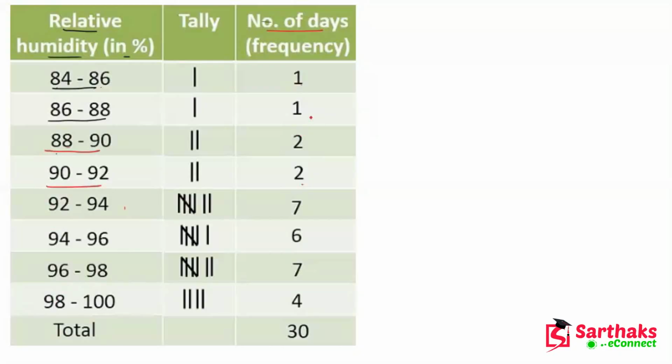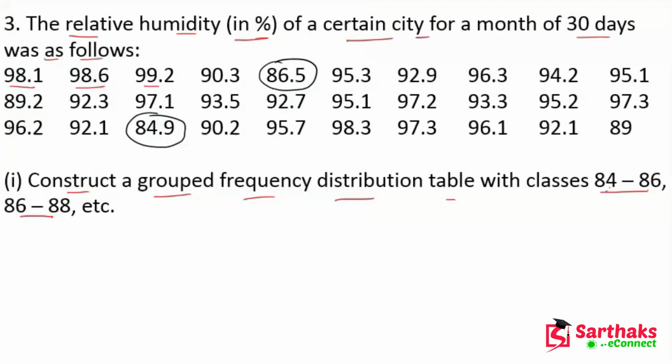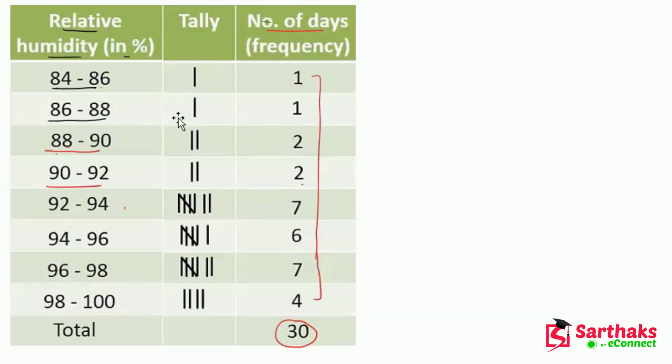If we total these frequencies, we get 30, and we are observing this data for 30 days. It means our table is correct. I hope you understand these things.